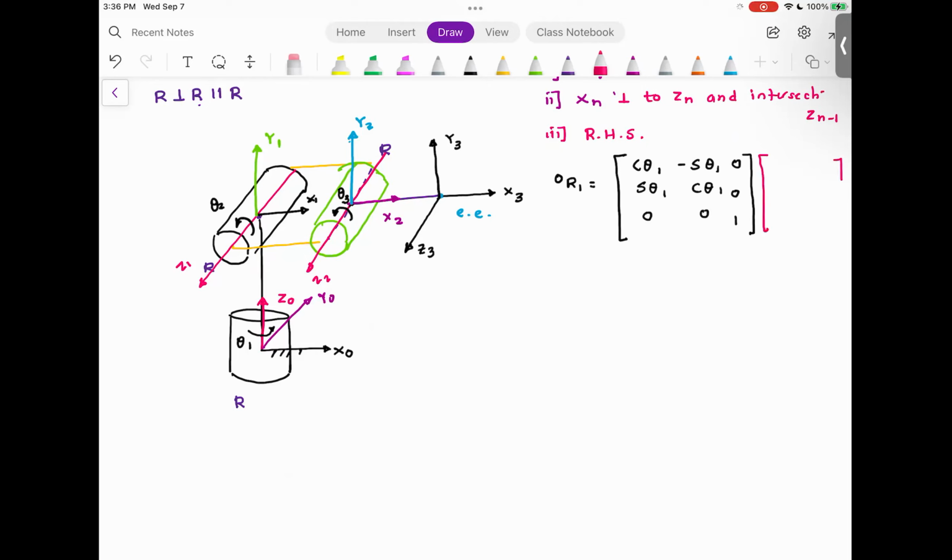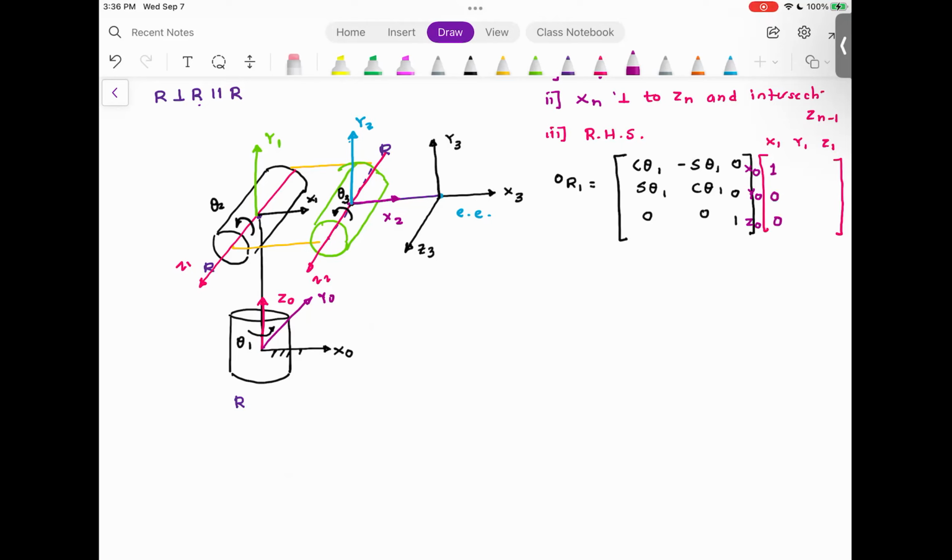I'm missing the projection matrix. Super duper important. Well, how do I determine the projection matrix? Projection of x1, y1, z1 onto x0, y0, z0, right? So x1, can you see x1 is in the same direction as x0? So 1, 0, 0.